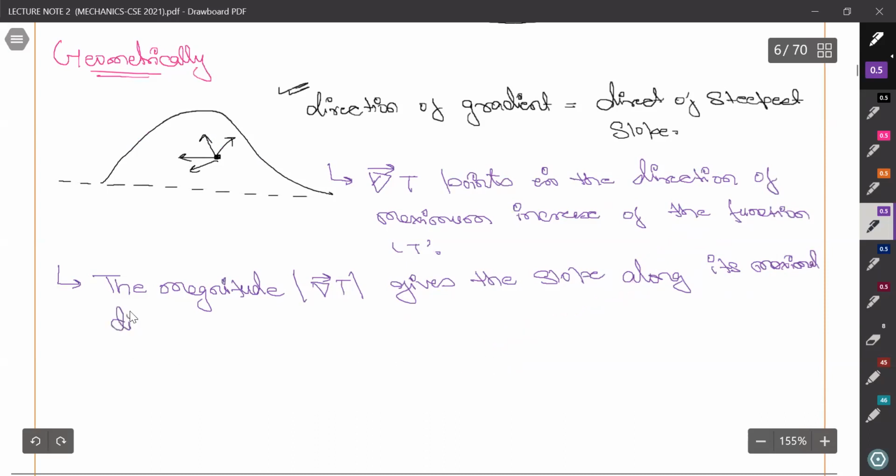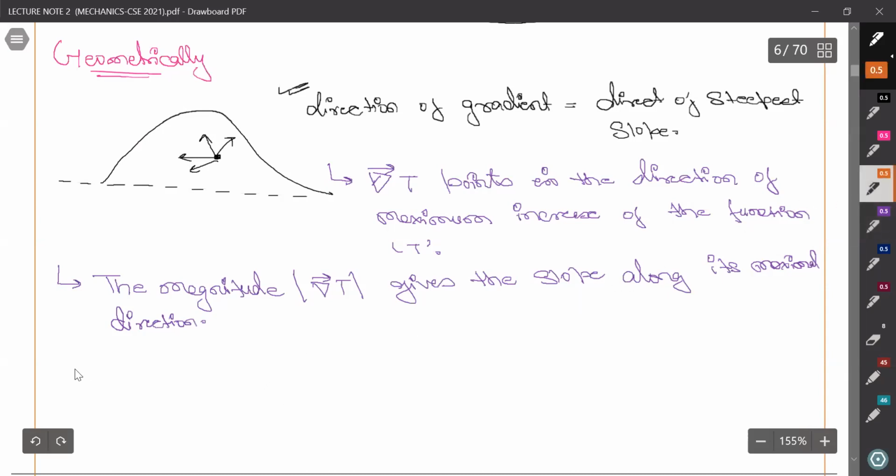Also, if we know this point, it's good. If we don't know this point, you don't need to bother about this. You just need to have a basic idea about this.